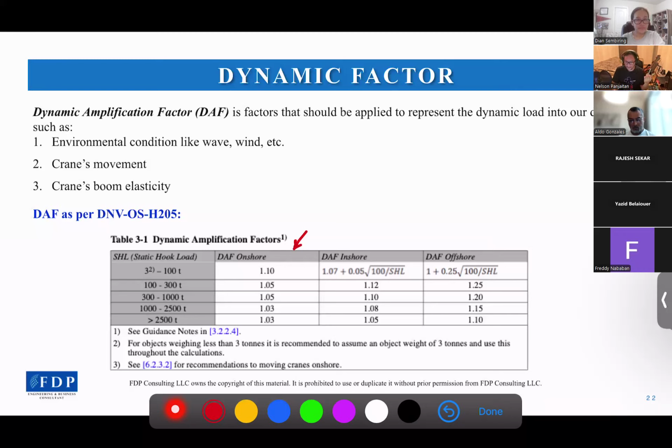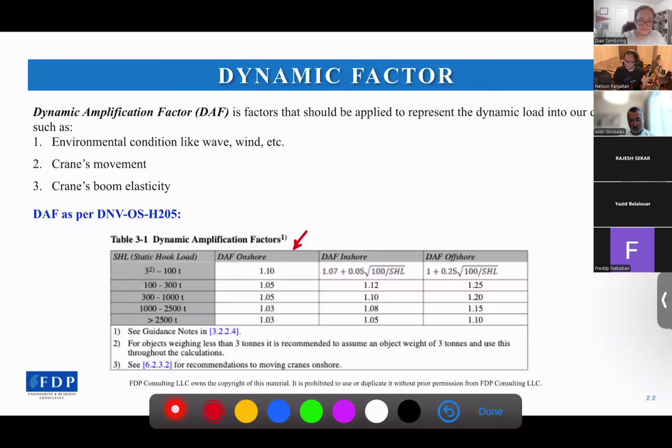But offshore is the location that is not protected at all. So the waves are pretty high at the offshore rather than the inshore. That's why, if we look at the table, the dynamic factor for offshore is bigger than for inshore. So we need to choose whether it is inshore or offshore.